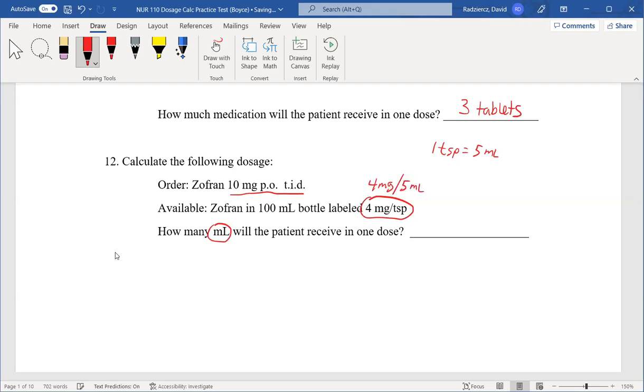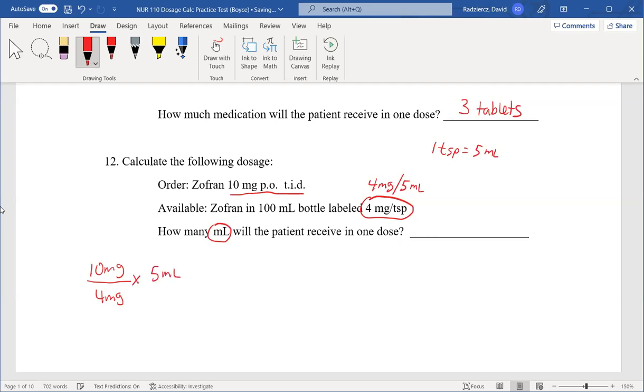It's the same thing. Teaspoon is just a simpler version of that, but they're equivalents. So once you know that, you can take your order of 10 milligrams over your available 4 milligrams times your quantity, which is now 5 milliliters.